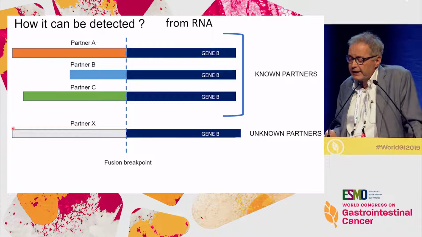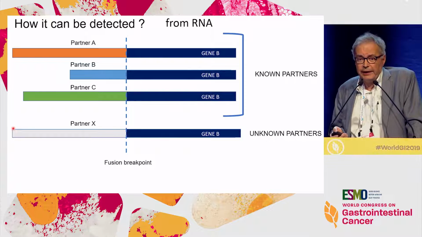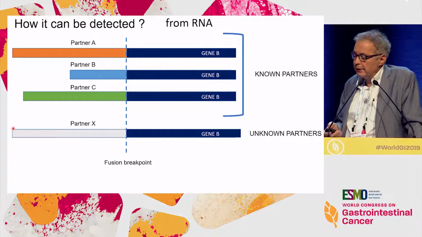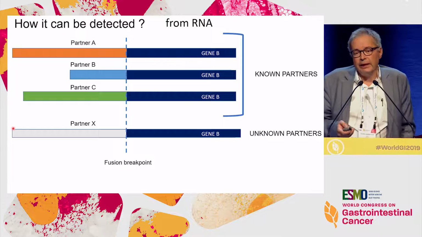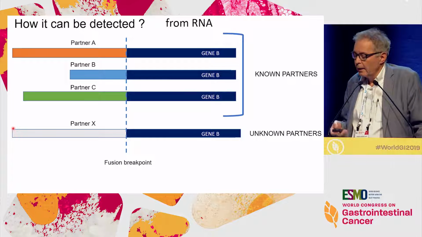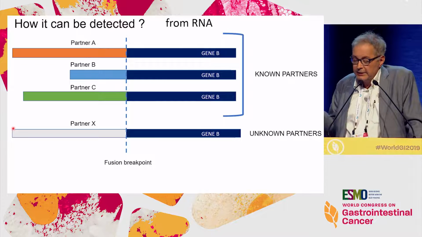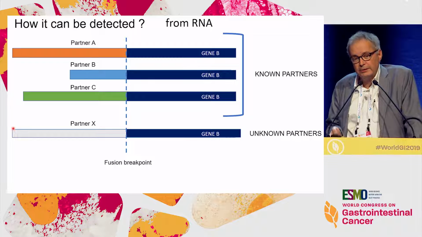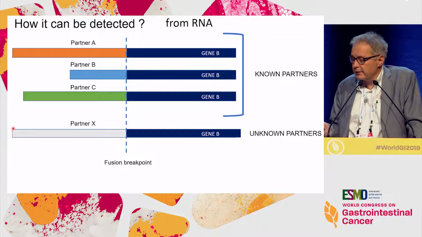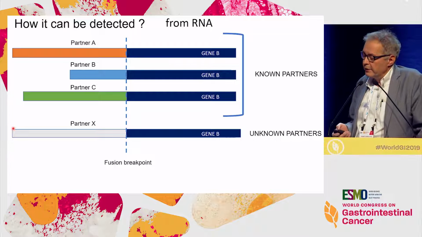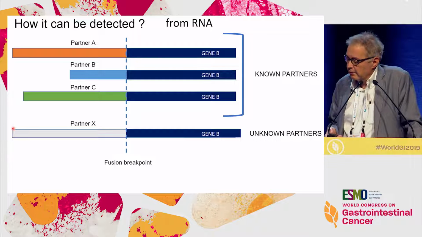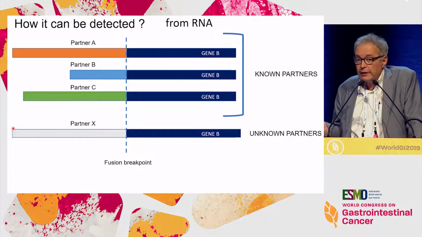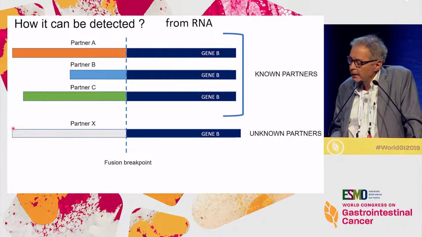You can also detect this fusion gene by RNA and molecular biology. So you have your usual suspect, gene B, and this gene B can have several partners: partners A, B, C, and an unknown partner X. You want to detect all these partners because it's important to detect the fusion gene with your favorite or usual suspect gene B. So you have known partners and unknown partners.